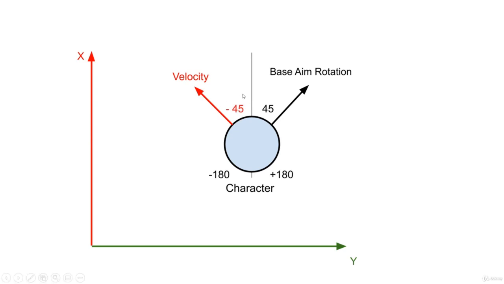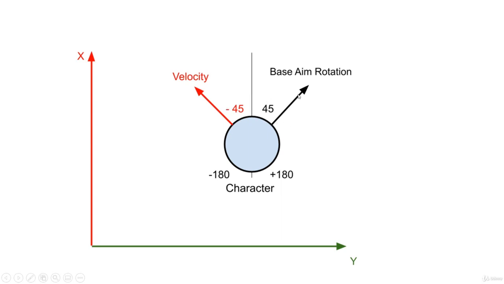Now, when strafing, we need to know the difference between these two vectors, our base aim rotation and our velocity direction. Now, we can get the difference between these two rotations by subtracting them. If we subtract base aim rotation from the world rotation corresponding to our velocity direction, it would be negative 45 minus 45, or negative 90 degrees.